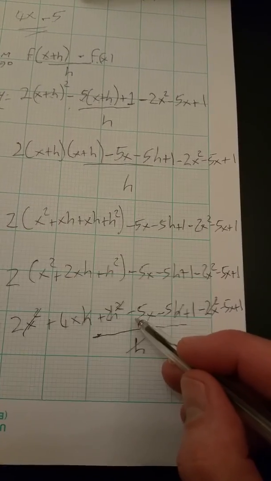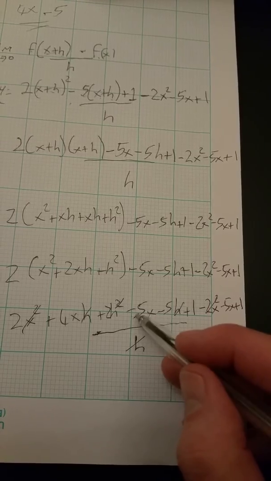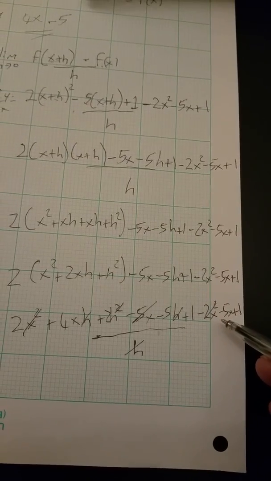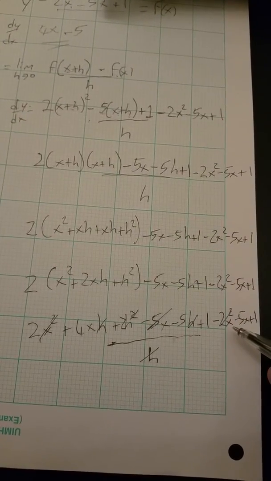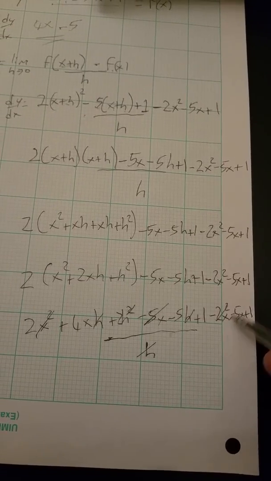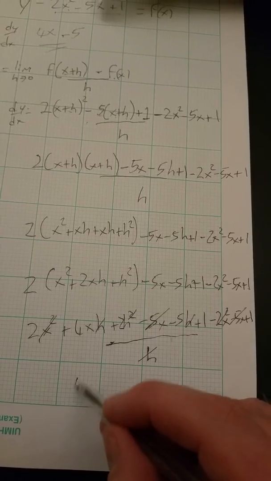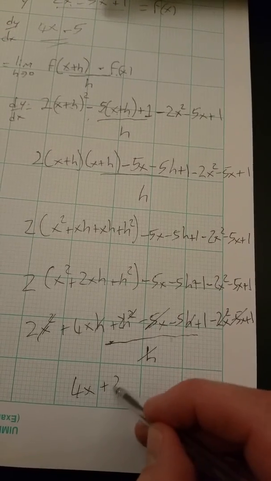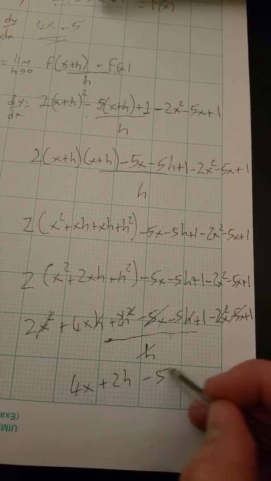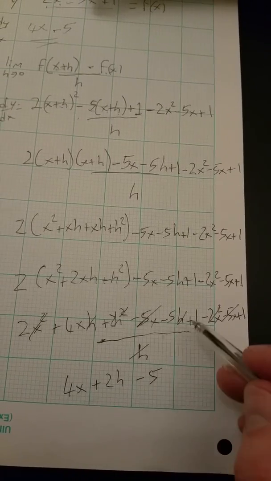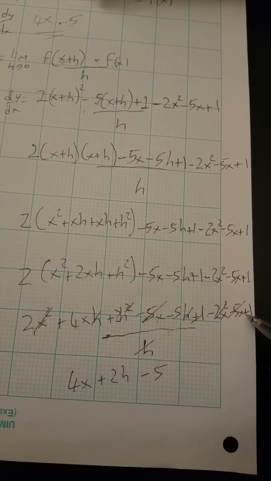Minus 5x and plus 5x cancel out. And you're left with 4x plus 2h minus 5. And I'm pretty sure that plus 1 then cancels out that minus 1.